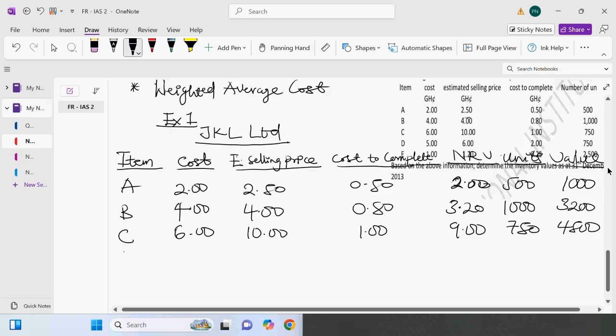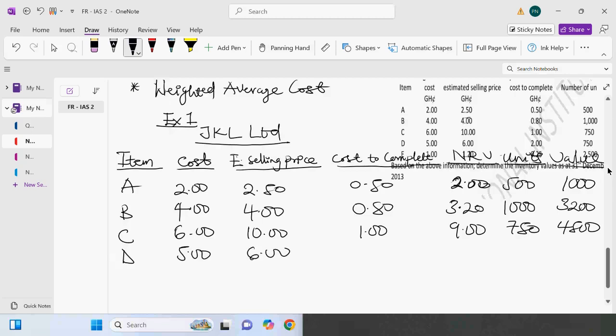Then move to D, right? So what is D? D is 5.00. Then 6.00. Cost to complete is 2.00. What is the net realizable value? 4.00. The unit is still 750, right? Yes. So which of the two costs do we pick?